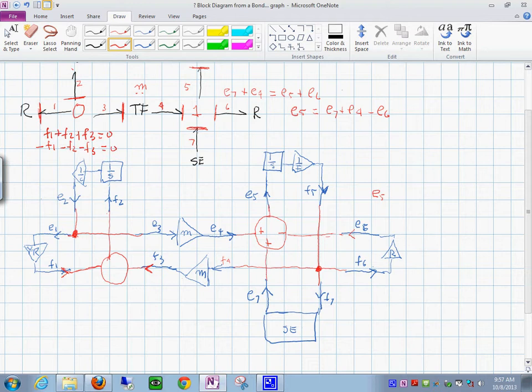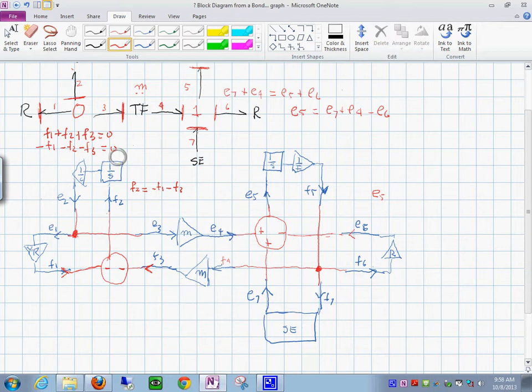Same thing, same equation. But you see the way it is in here, we want it in terms of f sub 2. So it's very easy to conclude that f sub 2 is equal to minus f sub 1 and minus f sub 3. So if this is true, then this should be a minus, and also this a minus. Yeah? And we have completed the entire block diagram from this bond graph.